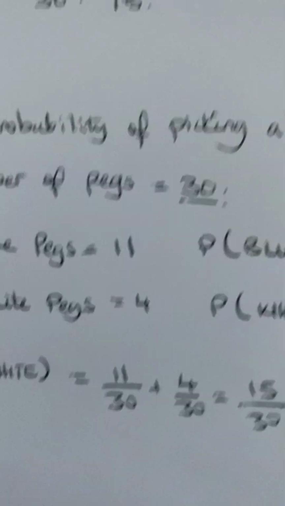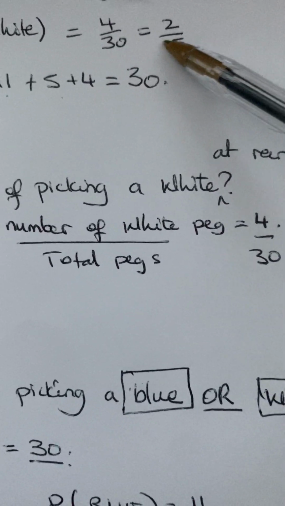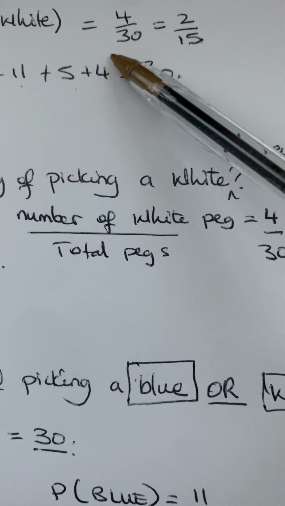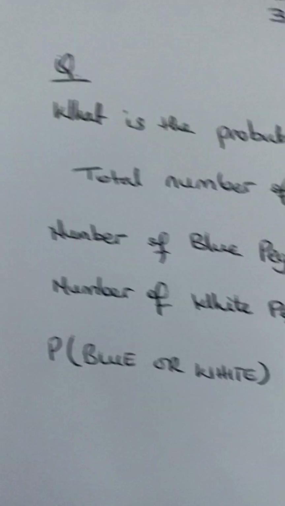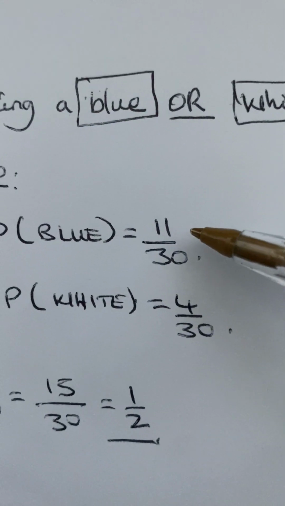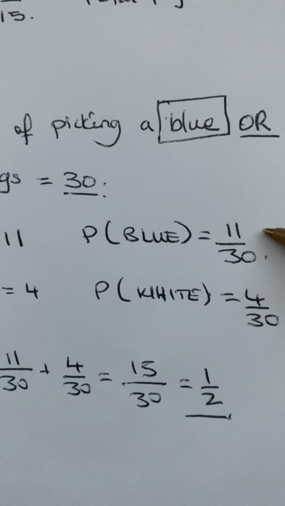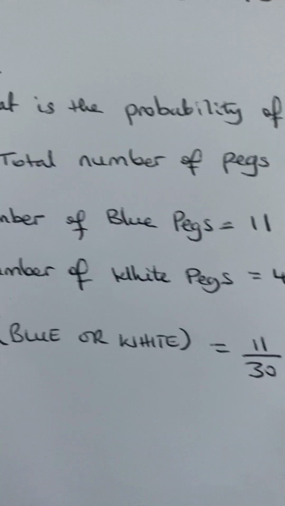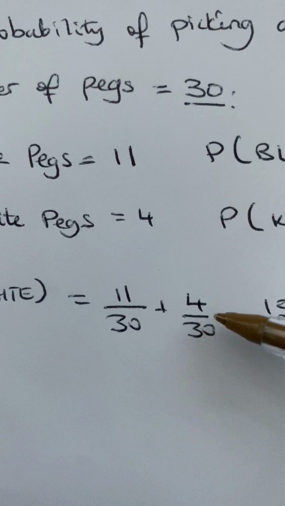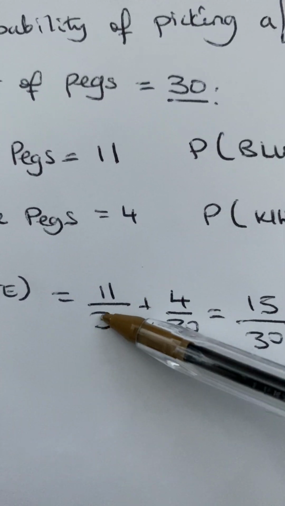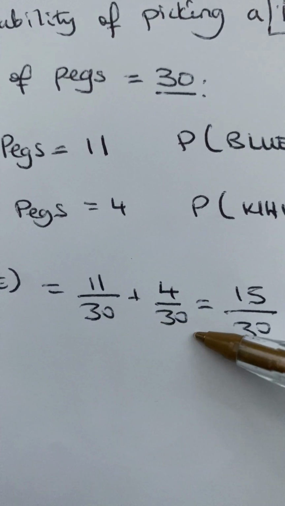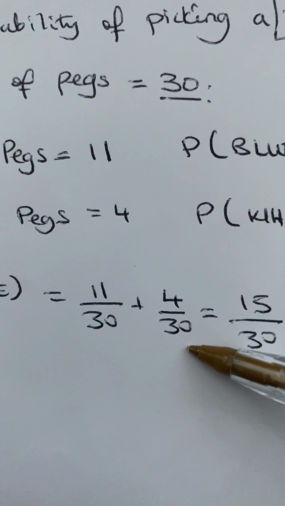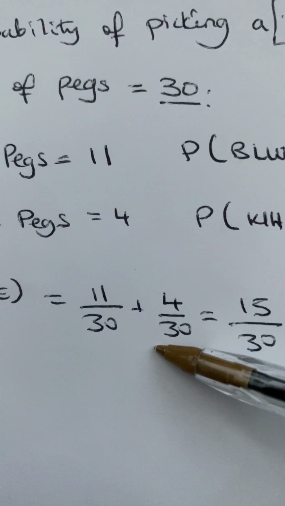Now, I could use 2 out of 15, and they are identical, but because blue's probability is 11 out of 30 and we've done fractions, if we are adding and the denominator is the same, then it's easier for us to add.